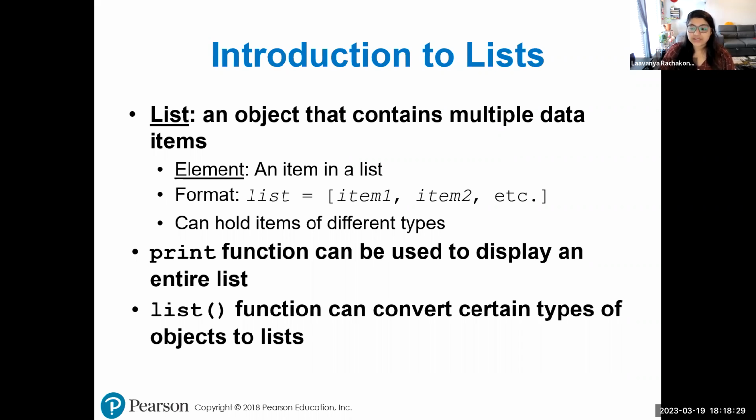The print function is used to print the entire contents of a list. And the list function, like this, list followed by open and close parentheses, is used to convert objects into lists. This is similar to your int and float functions and the str, that is string, function as well. Whatever you are trying to convert, you place it as an argument in between the parentheses of the function call.